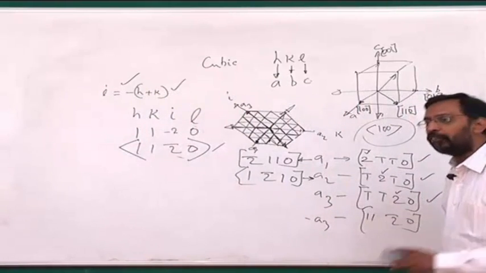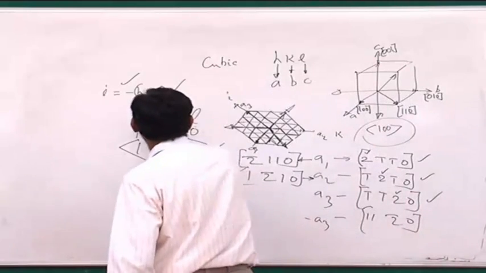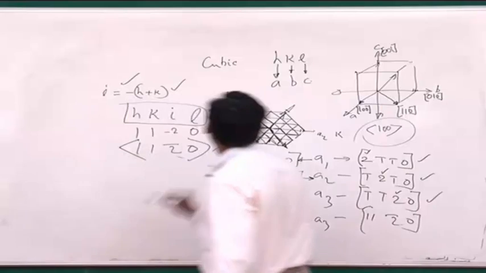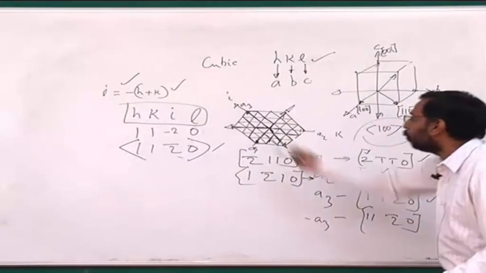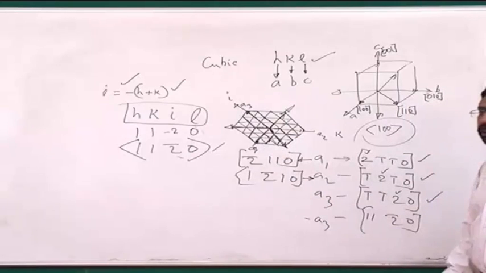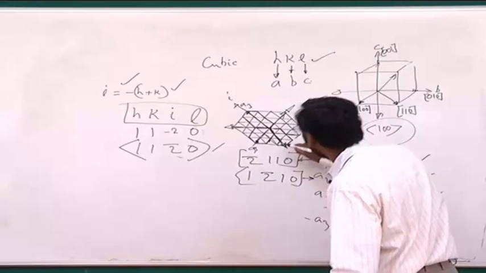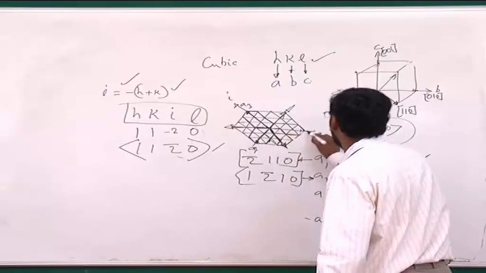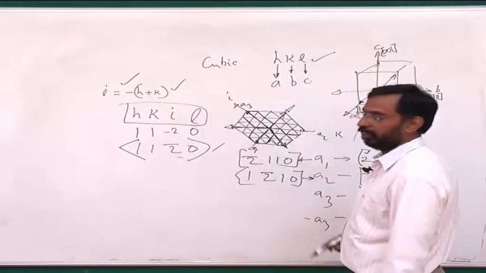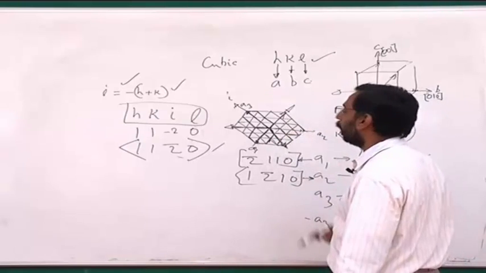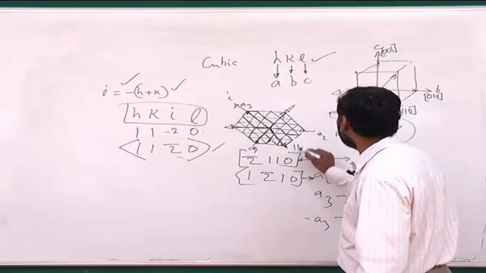So this is the advantage of using a 4 indices system, the HKIL system, rather than simply using an HKL system. If I had used the HKL system, you have seen the kind of confusion that got created. We saw that this vector has entirely different indices when compared to this vector and this vector. And we know pretty well that this vector is similar to these two vectors. There is no difference between them. But we are forced to give a new index. We called it 1, 1, 0.